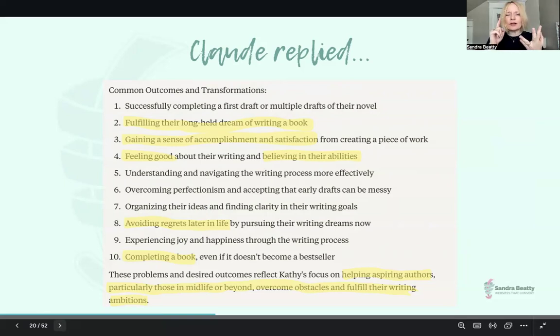They wanted to feel good about their writing. They wanted to avoid regrets later in life. They really wanted to complete a book. And then you can tell here, it summarized that Kathy helps aspiring authors, particularly those midlife and beyond, overcome obstacles and fulfill their writing ambitions.